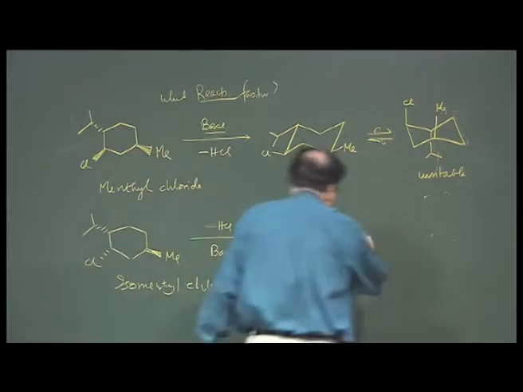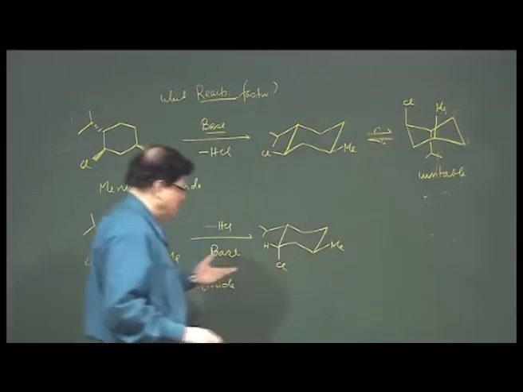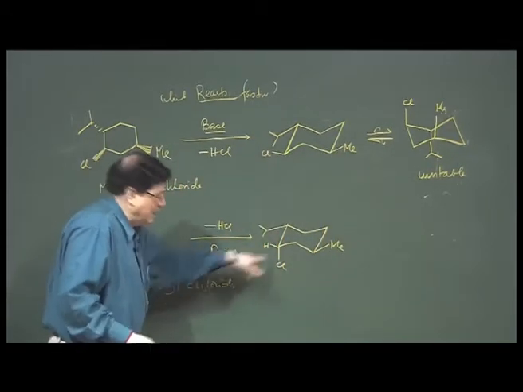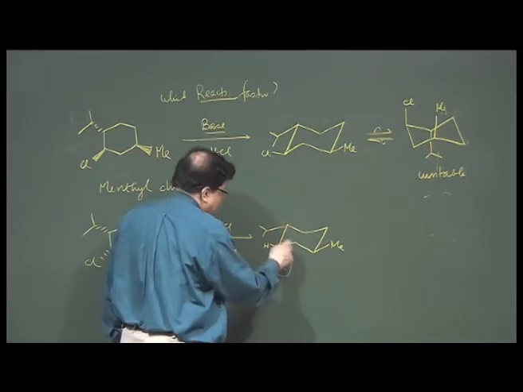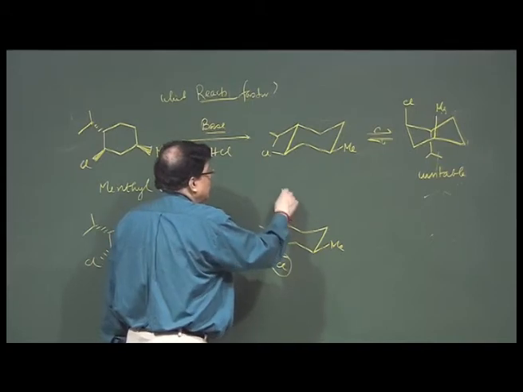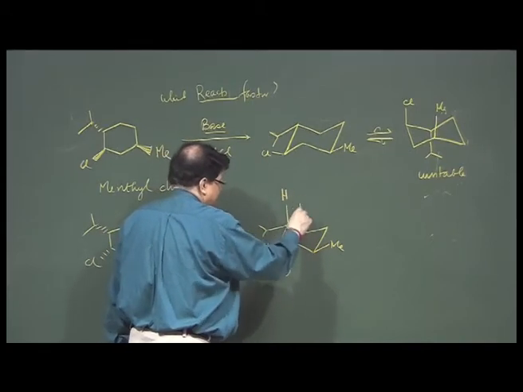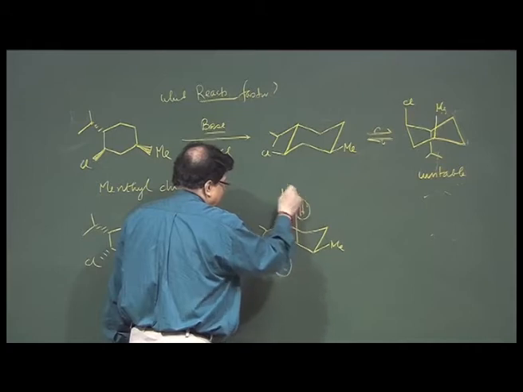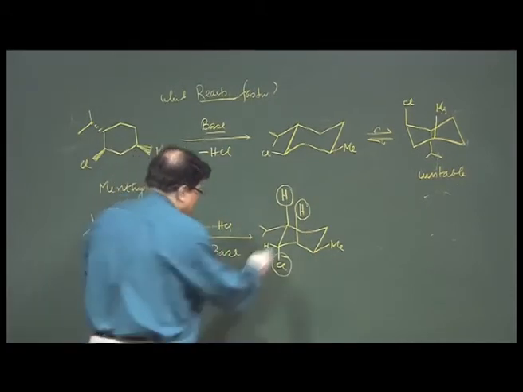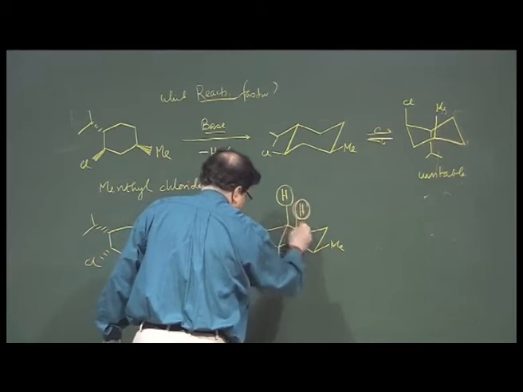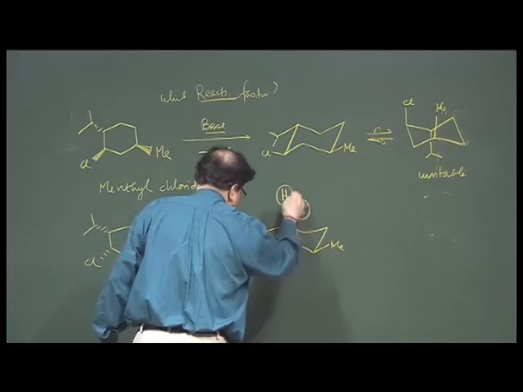Now there is no requirement of flipping, because this has an axial chlorine, and that means you have to check whether it has any axial hydrogen which can eliminate. Yes, there are two sets of axial hydrogens which can be eliminated.